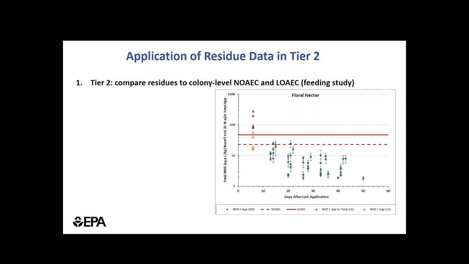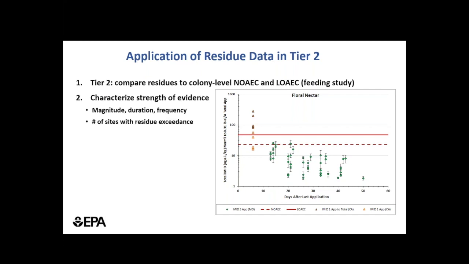So the dashed line is the highest concentration in the diet of the colony that did not cause a significant effect. And you can see early on we have exceedances, represented by the orange triangles, of both the NOAC and the LOAC. But later on, as time continues and the pesticide dissipates in the pollen, or in this case in the nectar, we see that those residue values drop below the colony NOAC.